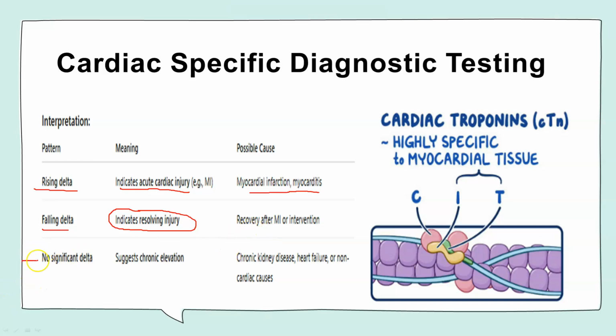And then obviously, if you don't have any changes, it can suggest chronic elevation with kidney disease or heart failure. We're going to call this demand ischemia. We'll talk about that when we talk about heart failure and CAD, ACS.